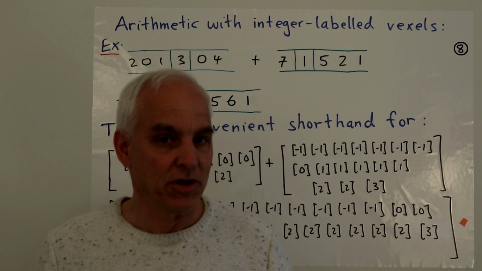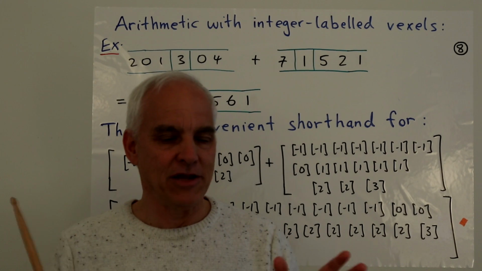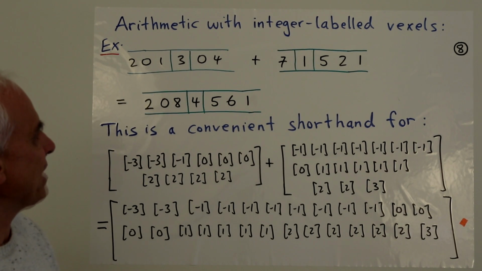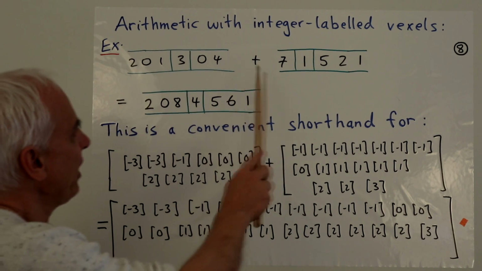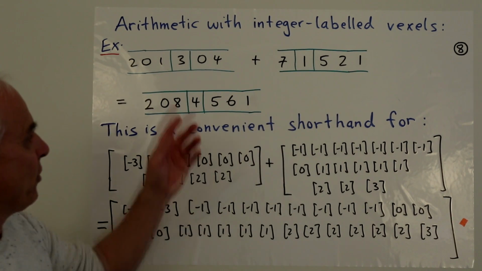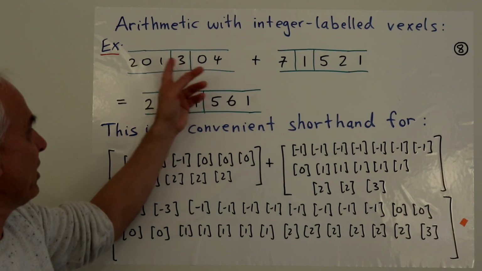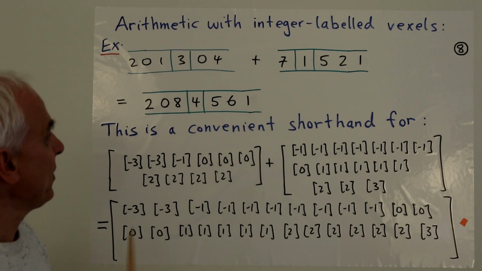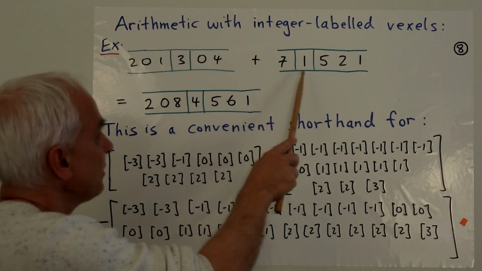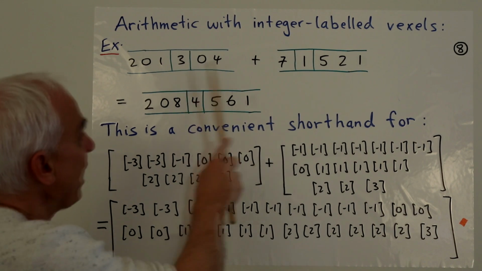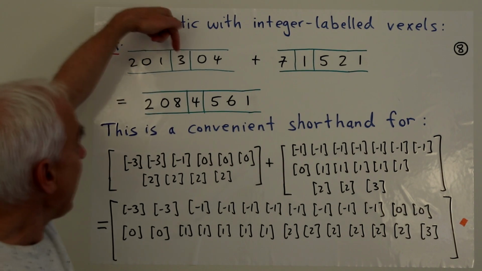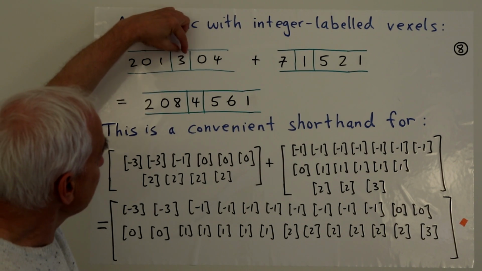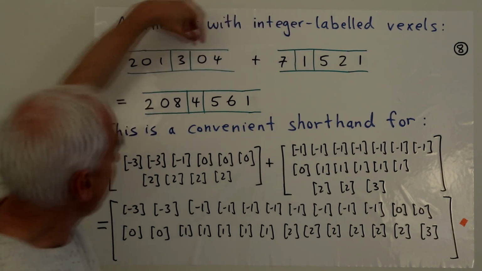And of course, we can do arithmetic with these two-sided vexels. So for example, here is a vexel and here's another vexel with both positive natural number indices and also negative number indices. There's the 0 spot, there's the 0 spot. If we add them, we're going to add component-wise, but we do so in such a way that the labels correspond.